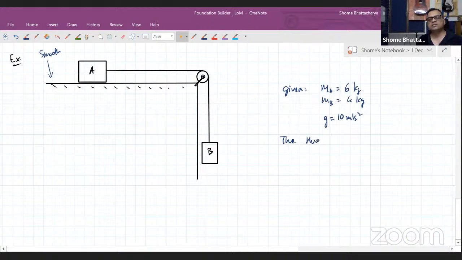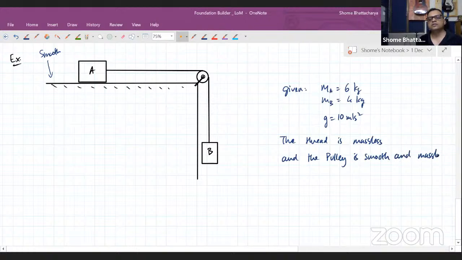The thread is massless, and the pulley is also smooth and massless. So the disk of the pulley also has negligible mass compared to the mass of the blocks.